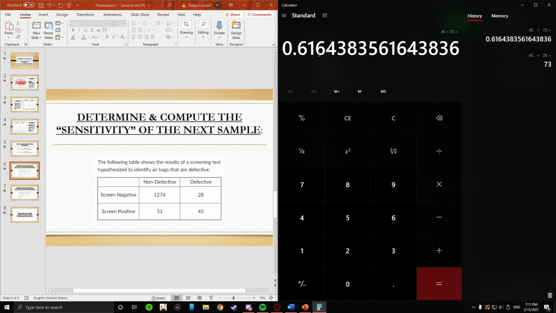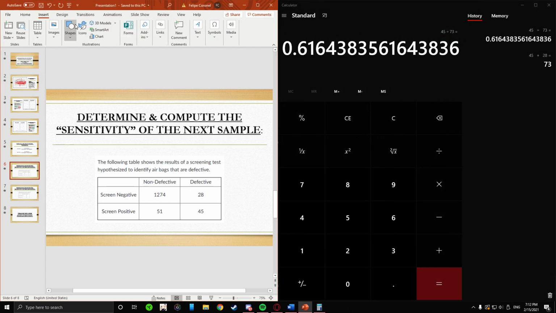Now, if we also have to transform this to a percentage, what we got here is 61%, but we have to round that number, and it's going to give us 62%.